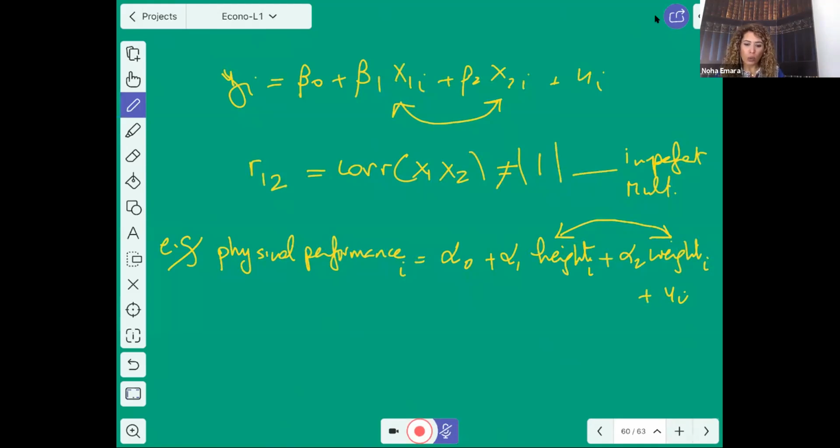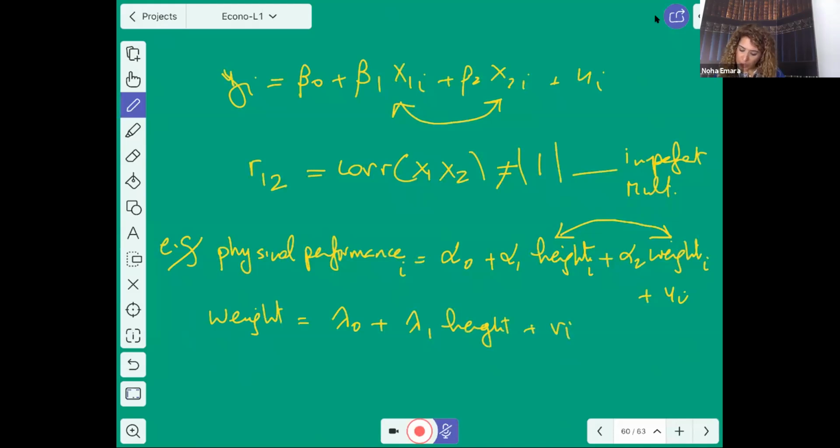There is actually an equation which is known as the ideal body weight calculation, which says that weight is equal to a certain equation with the height of the person, plus vi.